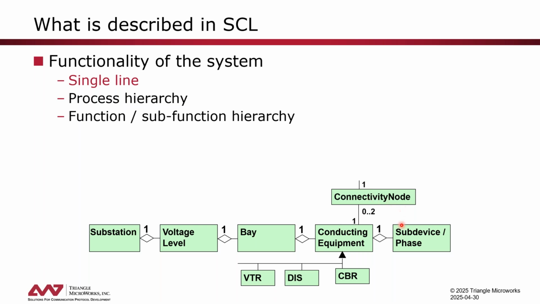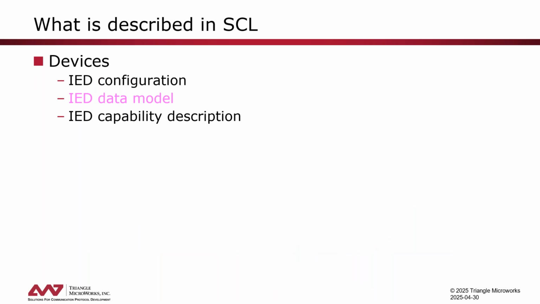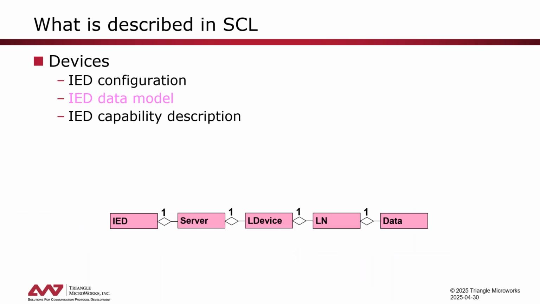We'll discuss that in more detail in one of the future webinars. The second part of the model that we have in SCL is the IED data model. Here we can describe the structure of an IED: how the server is set up, what the logical devices are, what the logical nodes are, and what the data are. That's what we will focus on a little bit today.